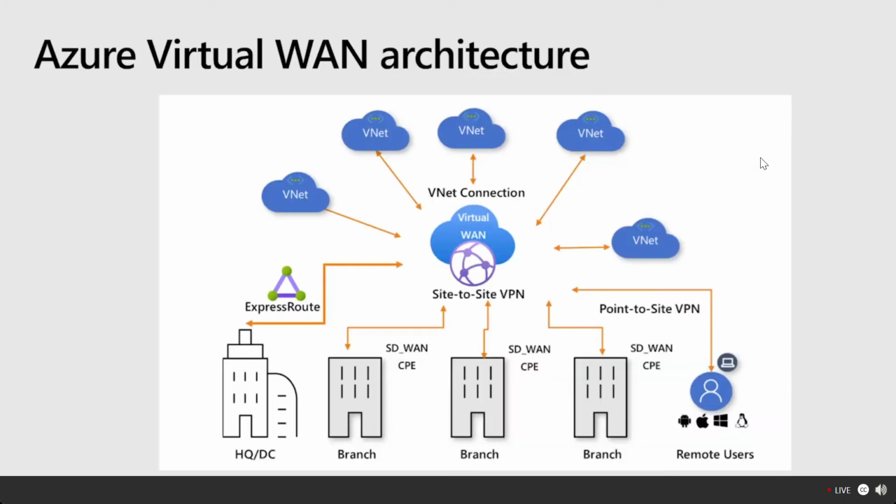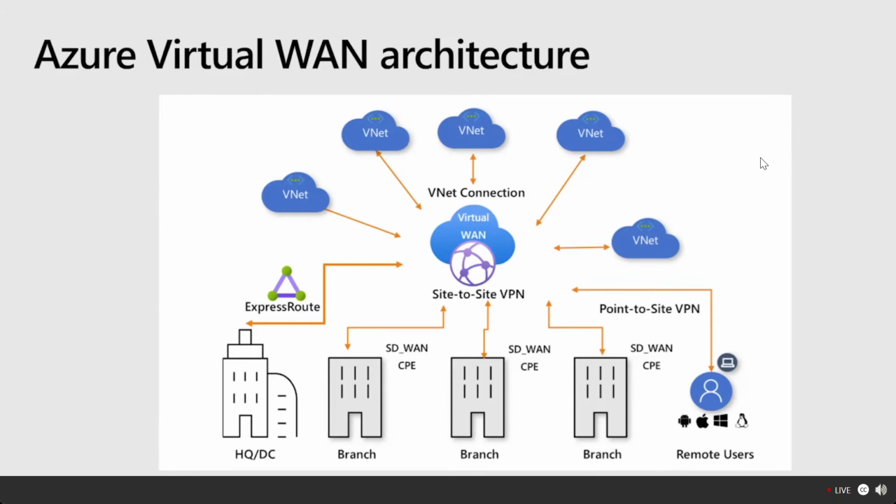If we take a look at the Azure Virtual WAN architecture, you can see that we've got the virtual WAN inside Azure, in essence being our hub in our hub and spoke topology. And our spokes can be anything from our physical on-premises branches through site-to-site connection.